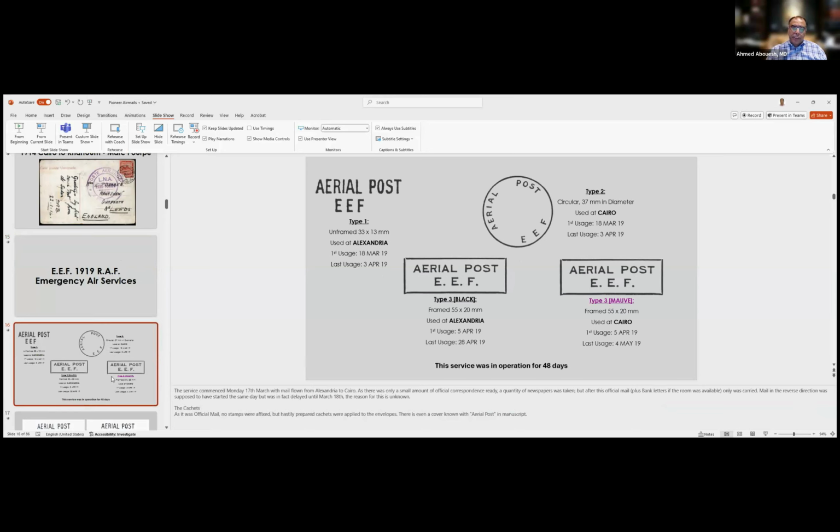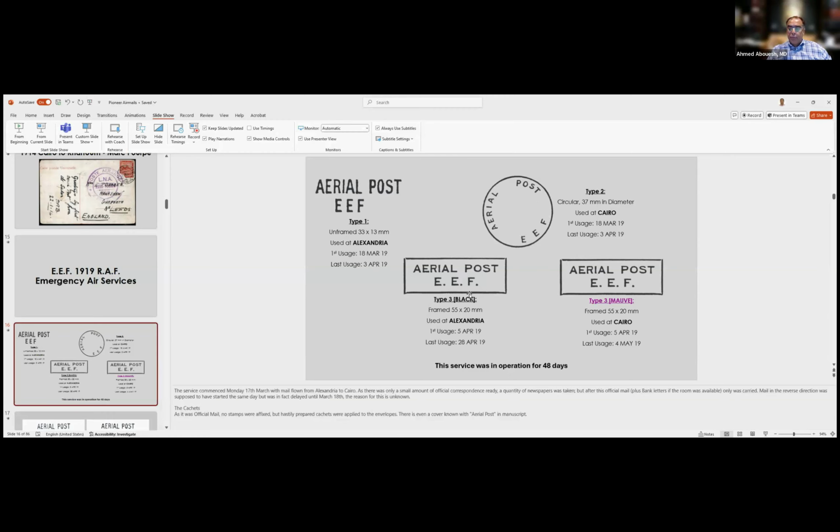And the different cachets that came out. The type 1, which was unframed, followed by type 2, which was circular. The unframed was used in Alexandria from the 18th of March to the 3rd of April, and the circular was used in Cairo during the same dates.